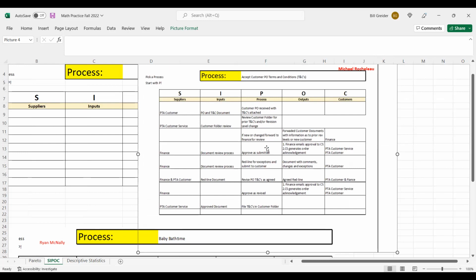If new or changed, forward to finance, approve, red line for exceptions, and submit back to the customer, revise PO, and approve as revised, and then file terms and conditions in the customer folder. So starting with that process map.